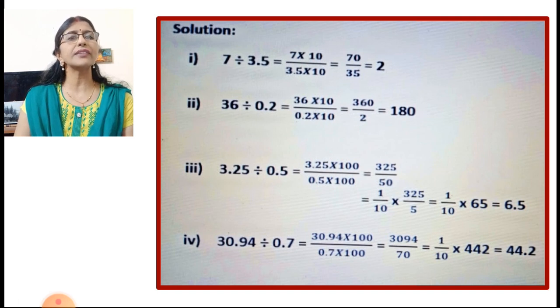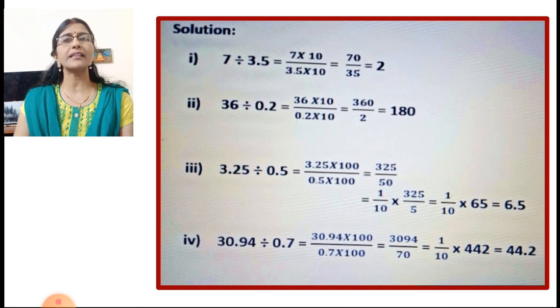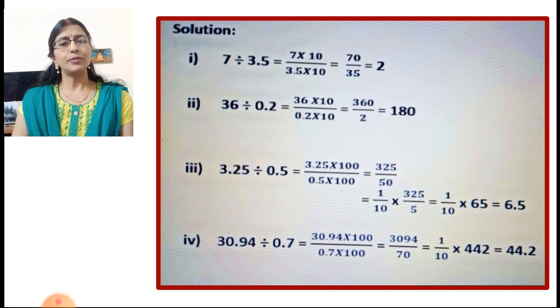And when you reduce, you'll get 180. Same way we'll go to third question, 3.25 divided by 0.5. Now here there is decimal point. You can see even dividend has decimal point, even the divisor also has decimal point. So we'll have to remove decimal point first. So we'll multiply both numerator and denominator by 100.